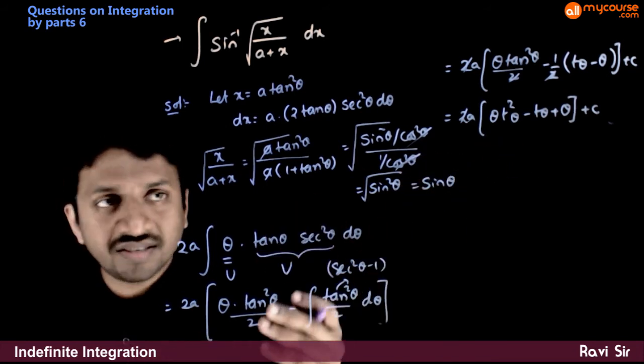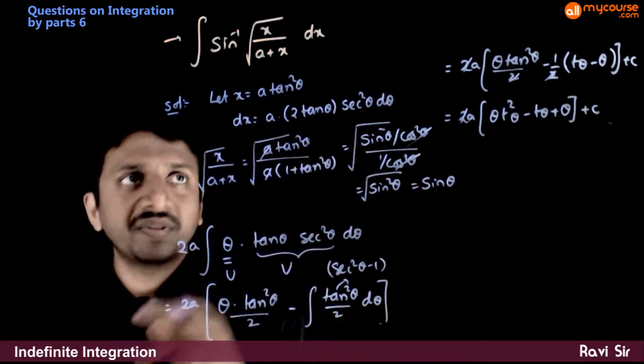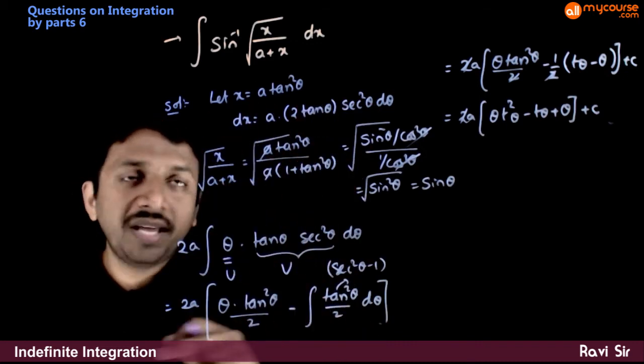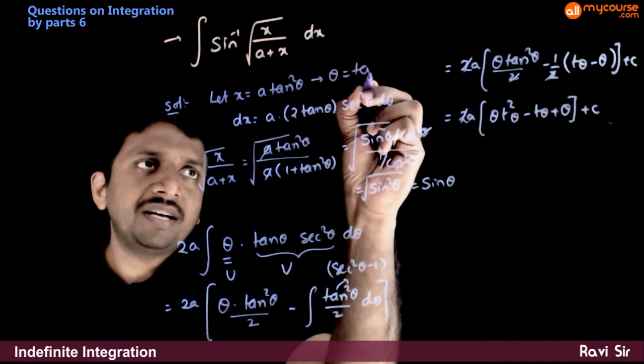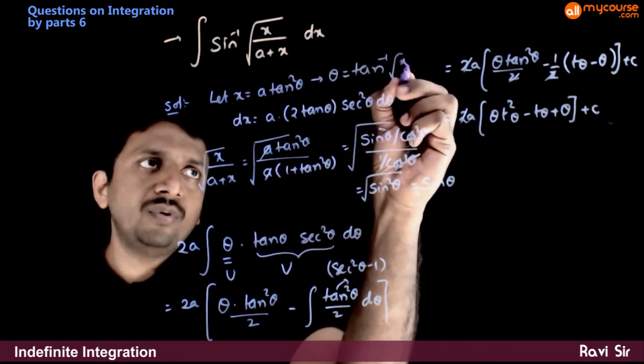So once integration is done, you just need to do the back substitution. So tan square theta is x by a, and theta is nothing but tan inverse of root x by a.